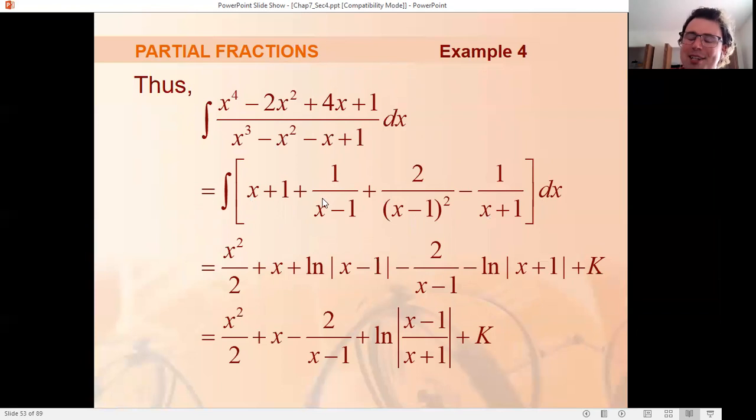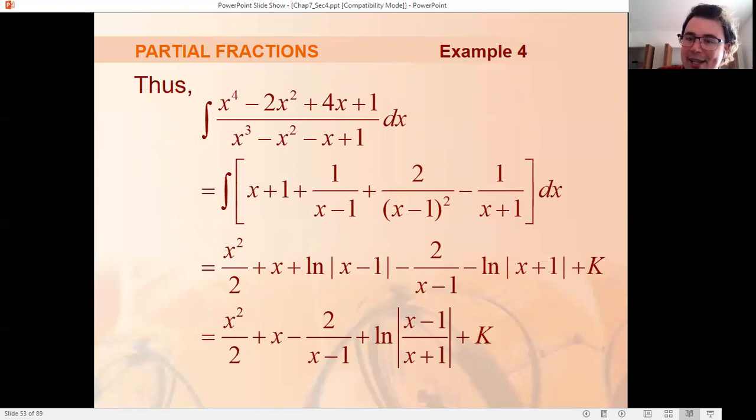Antiderivative of 1 divided by x minus 1 is natural log of x minus 1. There's some implicit u substitution stuff. We start to get a little bit more intuitive feel for these kinds of functions. Here, on this term, 2 divided by x minus 1 squared, that's another u substitution. u equals x minus 1. So the antiderivative is minus 2 on u, which is minus 2 divided by x minus 1, right?